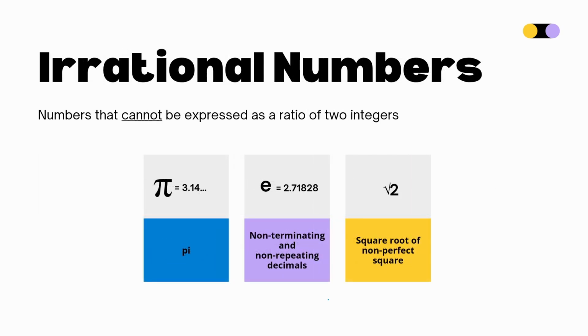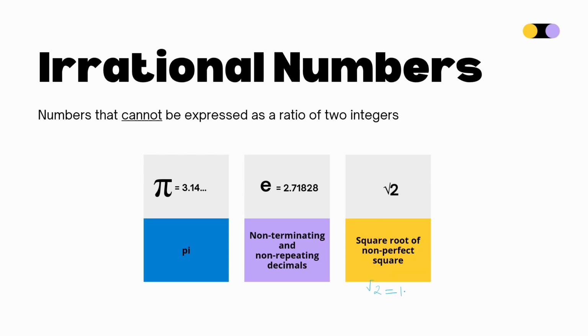Irrational numbers are those numbers which are not rational, or which cannot be expressed as a ratio of two integers. So that's our irrational numbers. First of all, let's see root 2.